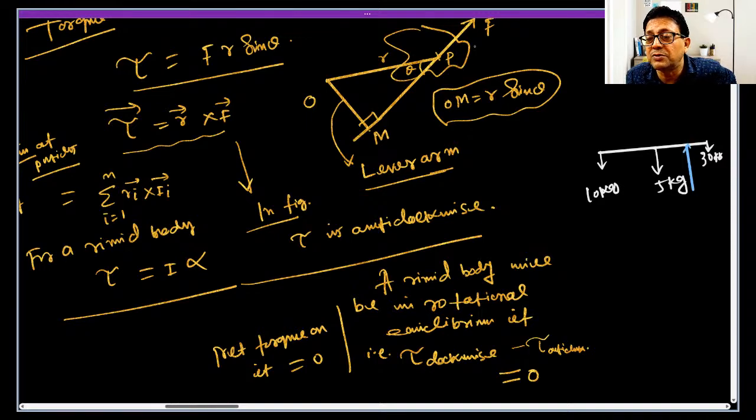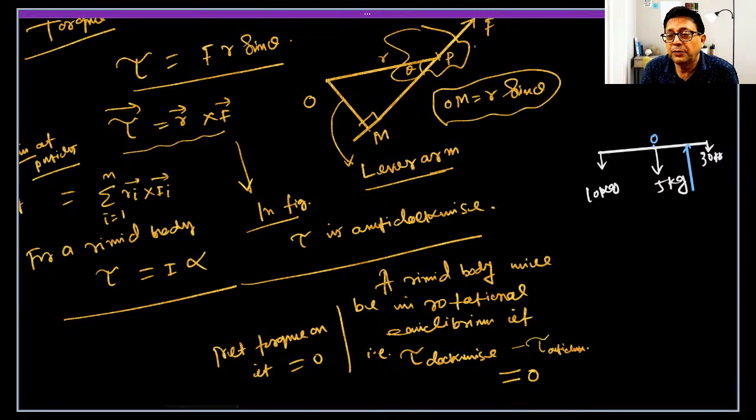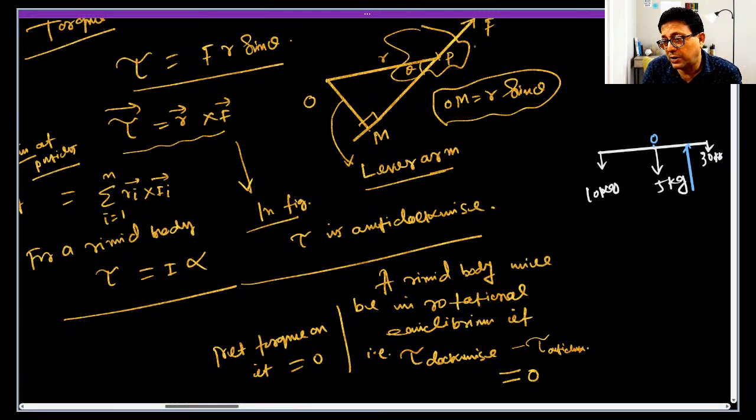This is your common sense without knowing physics. Why? Because about this point torque of 30 kg will be more than torque of 10 kg. So it has a tendency of rotation in clockwise sense. To stop it moving that way, we need a pivot at this point. If we keep a pivot here, then we can keep the rod in equilibrium.